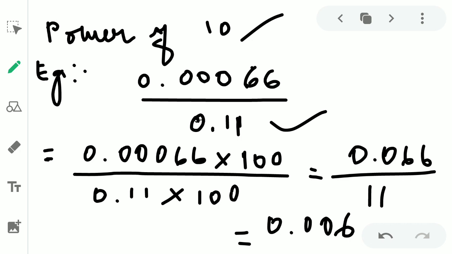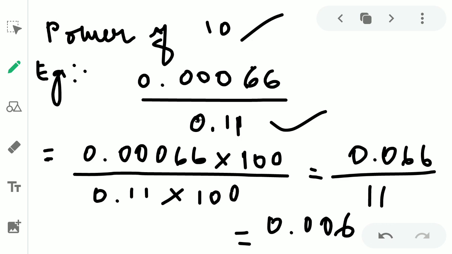In division, you have to see, when the question is given in decimals, only the divisor, the denominator, first. According to that you have to move.